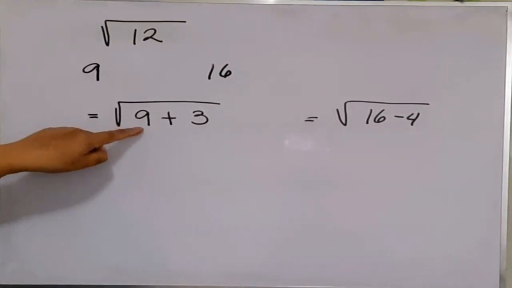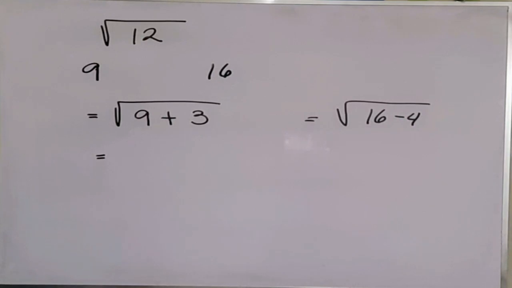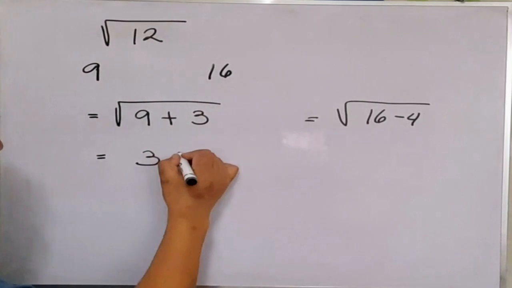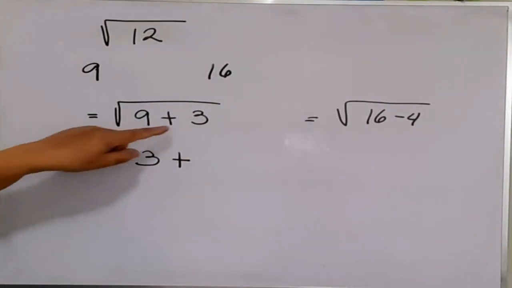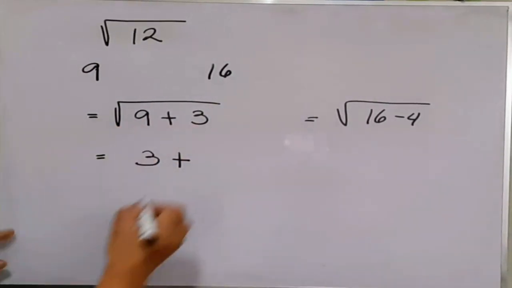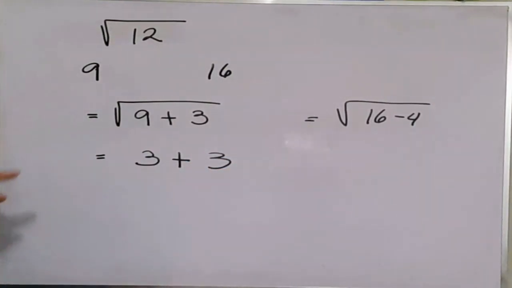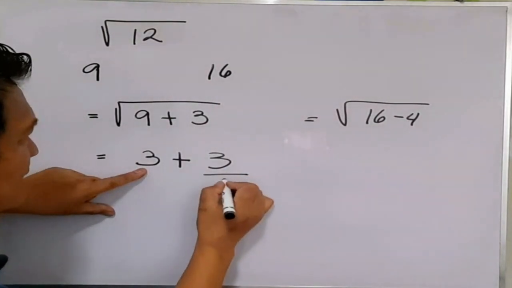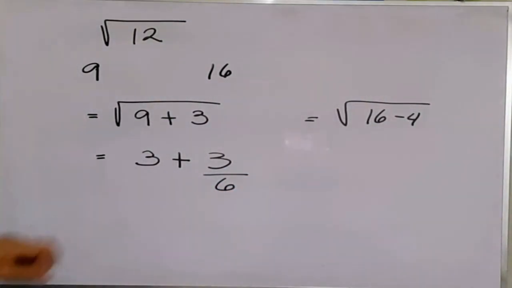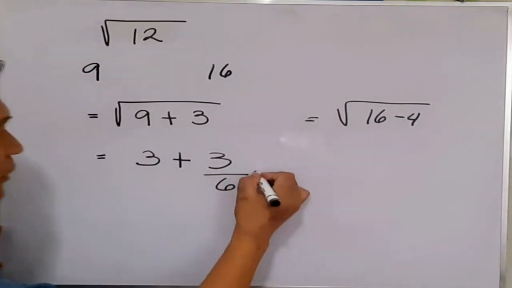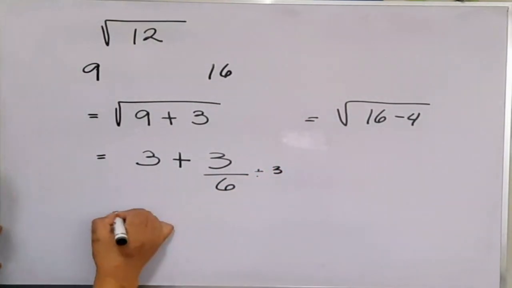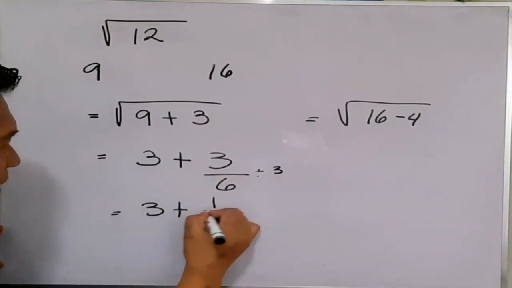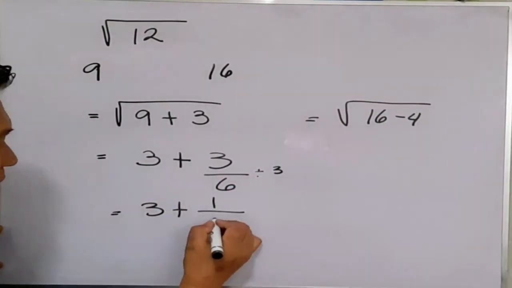We know that the square root of 9 is 3. So that is 3, and that is plus. We copy this 3, and we double the 3. That means 3 times 2, that is 6. We can simplify 3 over 6 by dividing both by 3. 3 divided by 3 is 1, and 6 divided by 3 is 2.